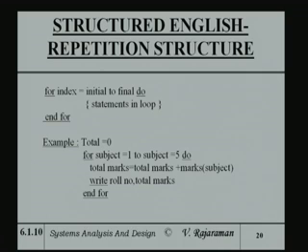And there are repetition structures, which are there in any programming language. For index, from initial to final, do statements in the loop. Example, start with total equal to 0. For subject 1 to subject 5, do total marks equal to total marks plus marks in the subject, write roll number, total marks, end for.